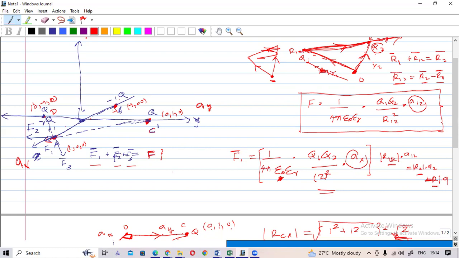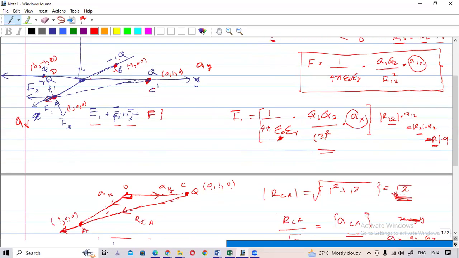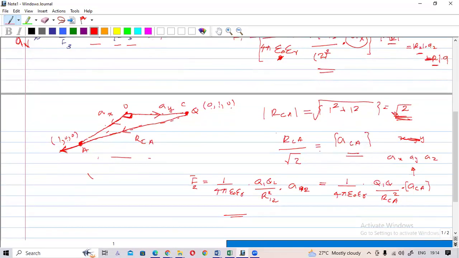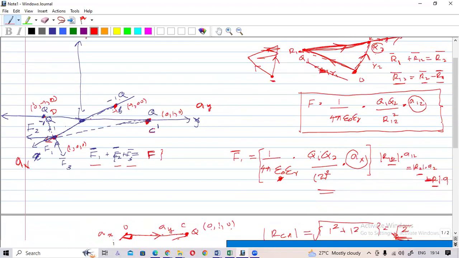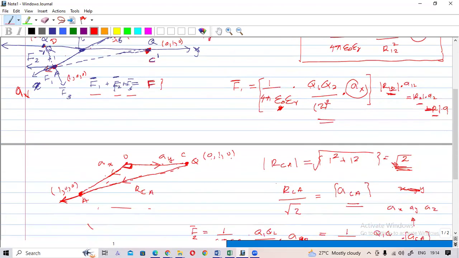As I told you, you take the corresponding X, Y, Z value subtraction, square them and add them together. Then you can find the R12 magnitude, R2 magnitude and R1 magnitude. Then A12 can be determined using A2 and A1.